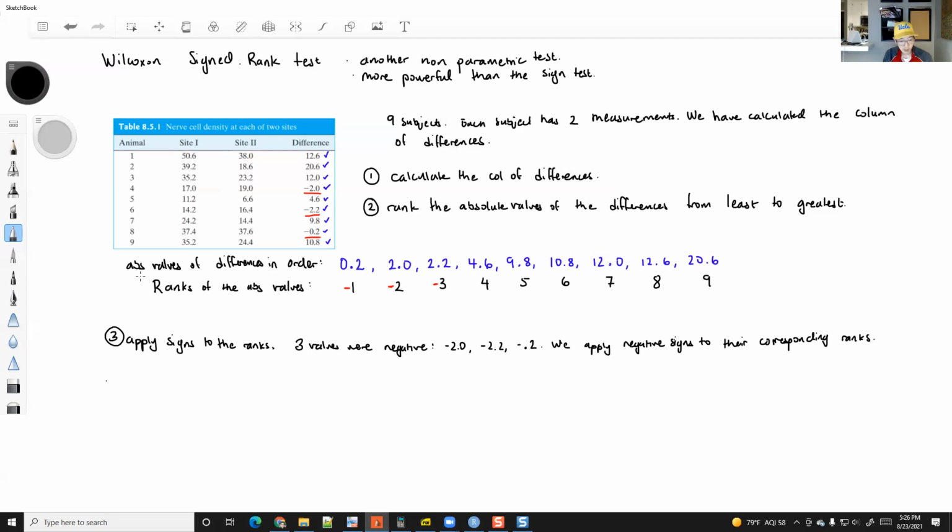So the sum of positive ranks is going to be 4 plus 5 plus 6 plus 7 plus 8 plus 9.